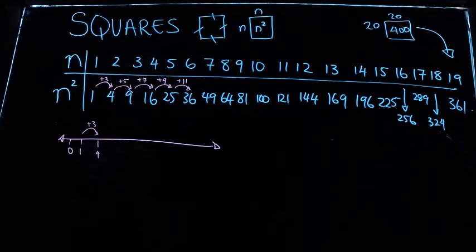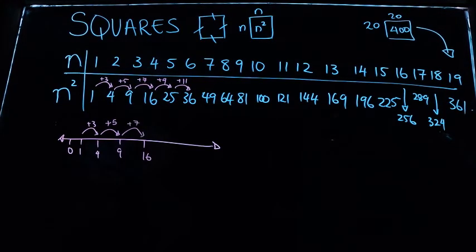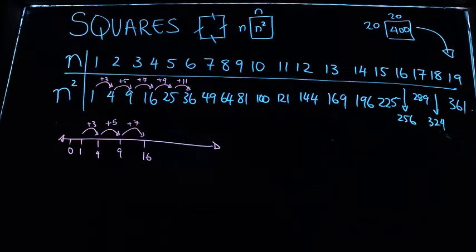And our next square number is 9, and the distance between 4 and 9 is add 5, and we've got 16 here, we've got plus 7. Okay, so that all checks out. 16 minus 9 is 7, and I suspect this pattern keeps continuing on. So we'll test that out in a minute.